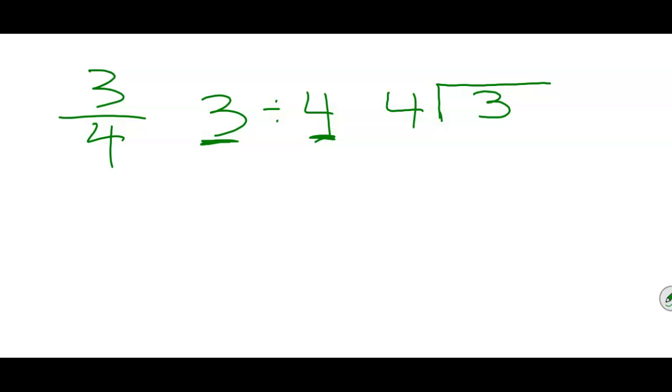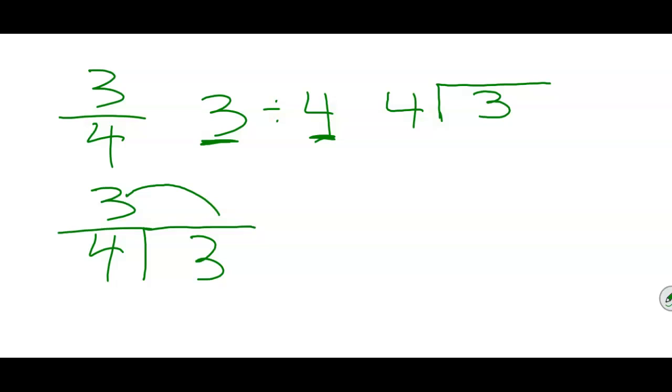It's on your outside. It's kind of confusing. Another way people teach this is they build their house like that, and then you fall backwards. So it's 3 divided by 4. That's smart. Okay? Good? Setting it up.